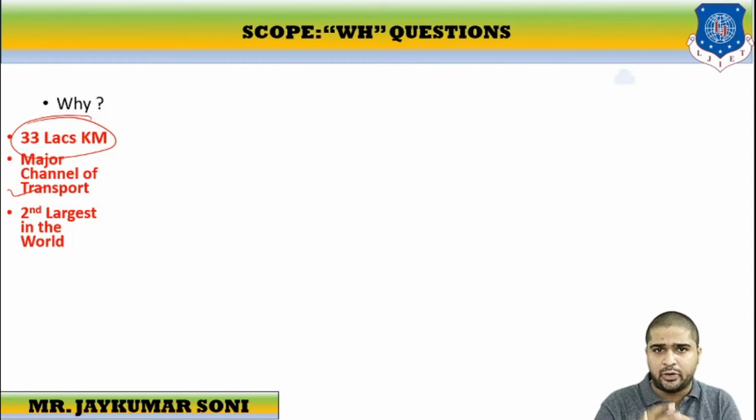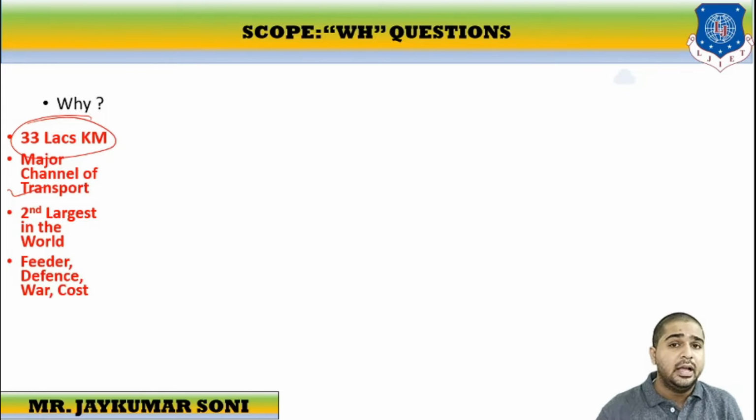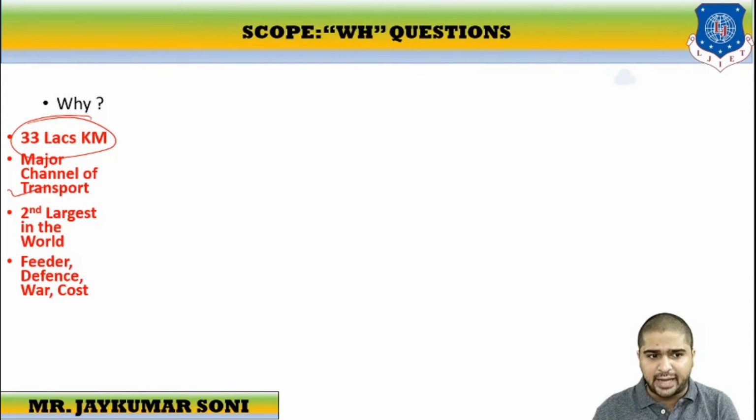Roads act as the feeder line. They are used majorly whenever defense activities take place. The comparative cost of the road network with respect to other transport such as rail transport, water transport and air transport is quite cheaper. So these are the answers of why highway engineering or road transportation is focused on.